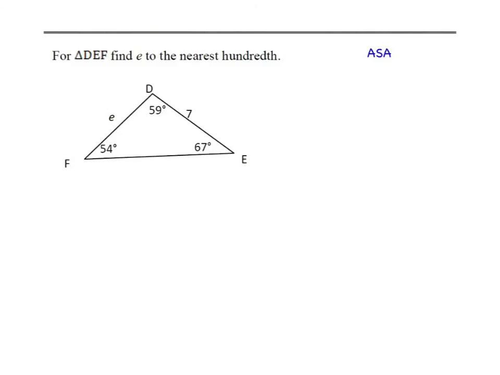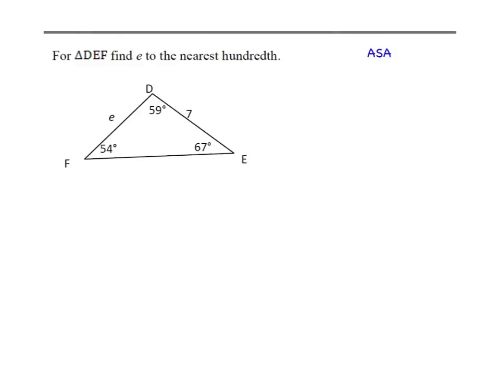Okay, one more example. We have another one. This is triangle DEF. It says find side E to the nearest hundredth. You'll notice up here at the top I have angle, side, angle, because what was given was an angle, another angle, and the side in between. And so we're going to use that then to solve for this side over here, E. Okay, so I have all three angles.